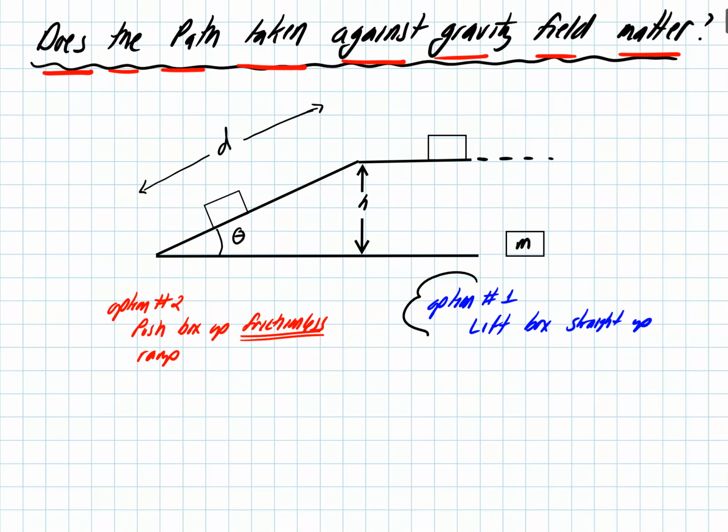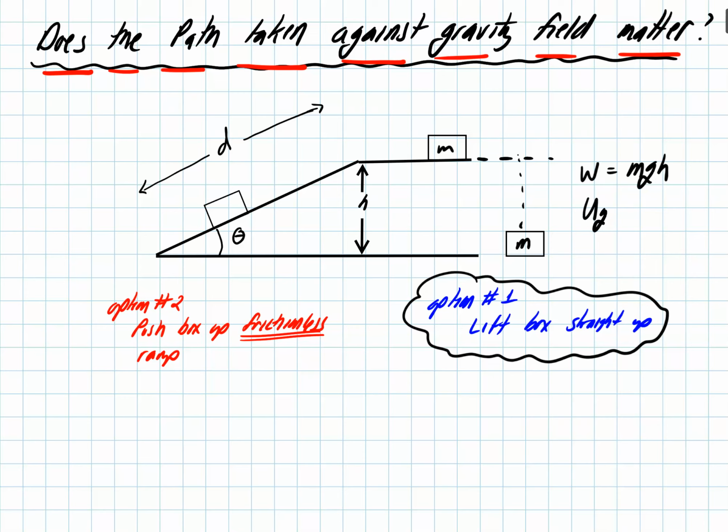In the first option, we're just going to lift that sucker straight up onto this thing. There's the same box, and we know that the work that's going to be required is going to be mgh, and that means gravitational potential energy is mgh, going straight up against gravity.